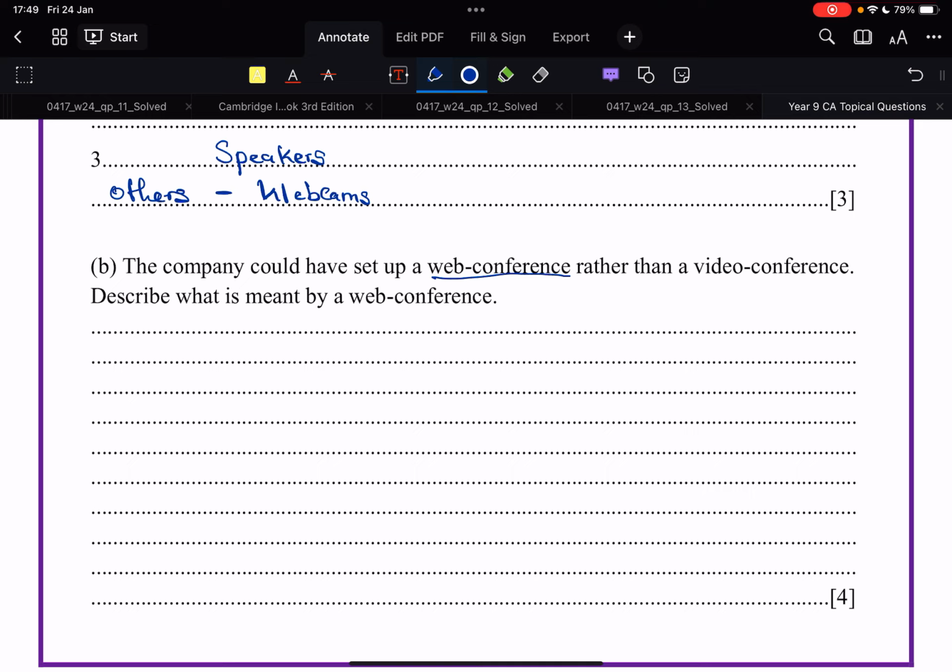So one thing we can talk about here is that it uses the internet to permit conferencing to take place.